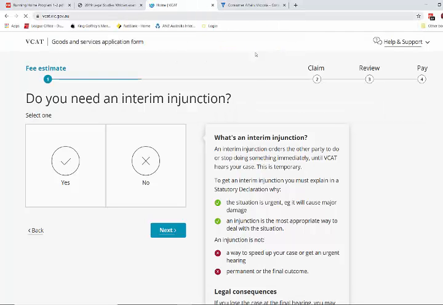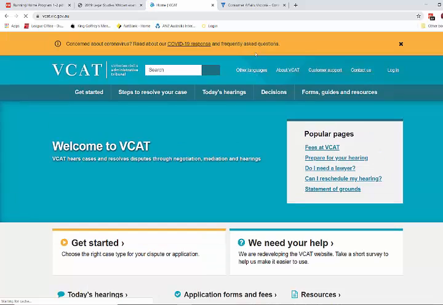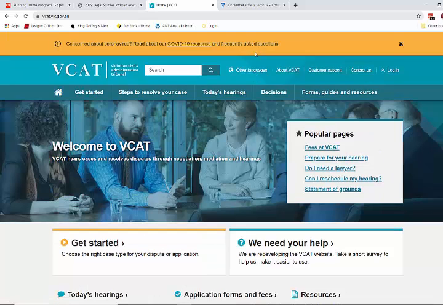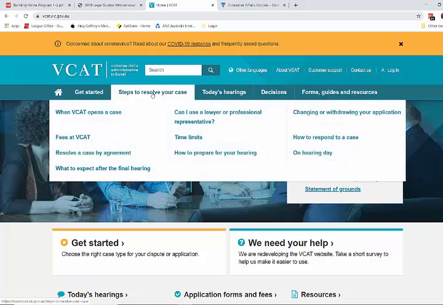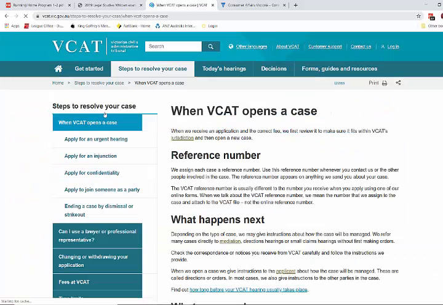Let's leave that and just head back to the main VCAT page and now look at, okay, let's imagine that we've gone through and submitted that claim. What is VCAT going to do to resolve my dispute? So if we click here, steps to resolve a case, and we're going to go straight to when VCAT opens a case.